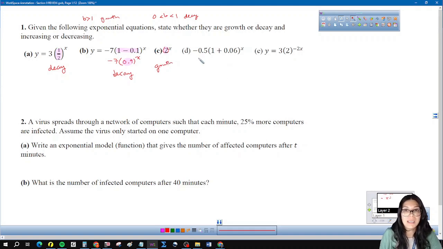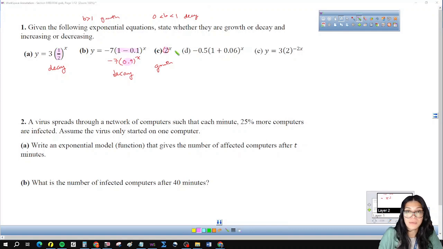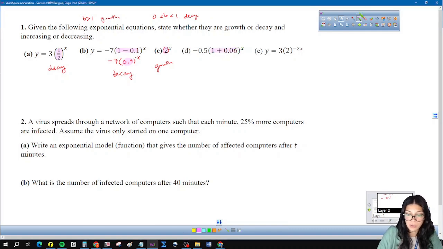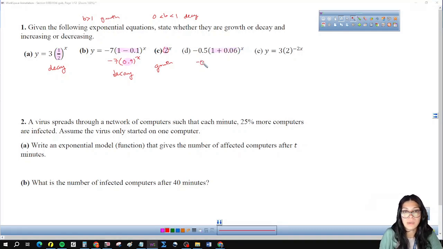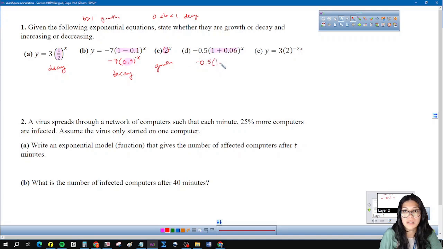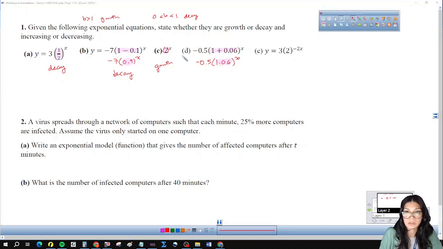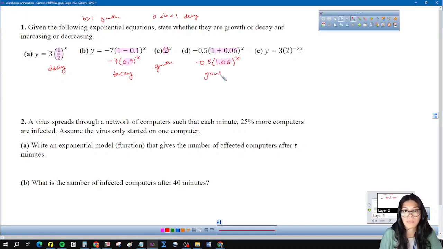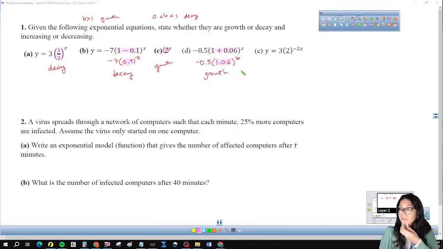On part D, this has not been simplified for the b value, so we would go ahead and simplify it. It would be 1.06, so that number is a value bigger than 1, so that is growth. And then the last one we have here is 2, but notice the power is -2x.